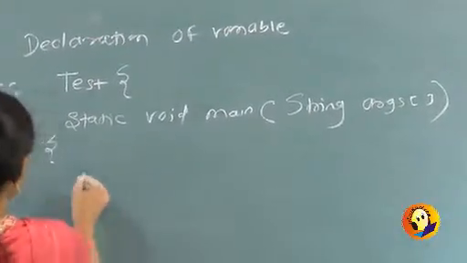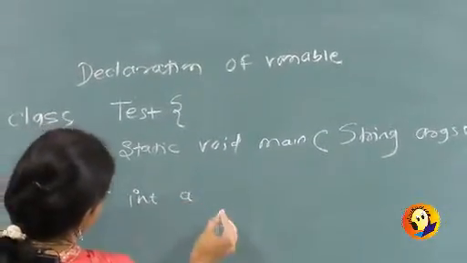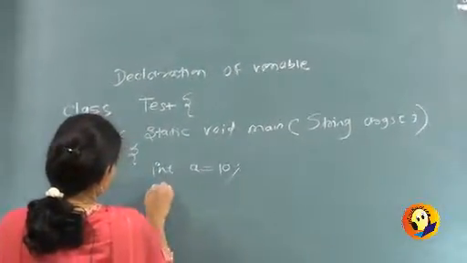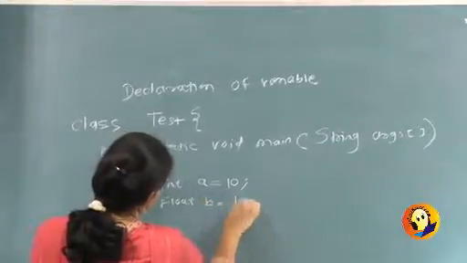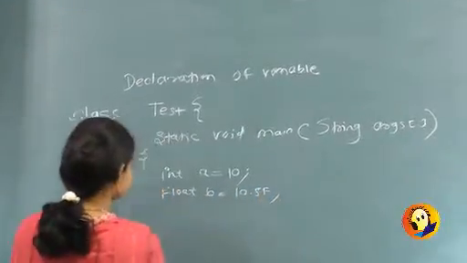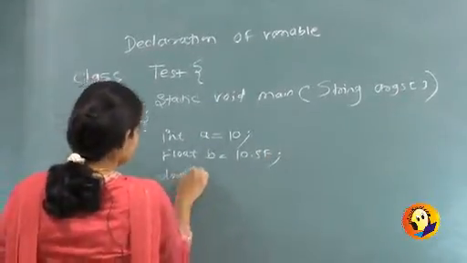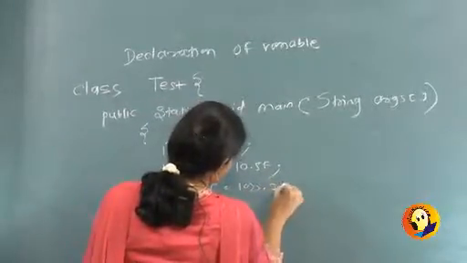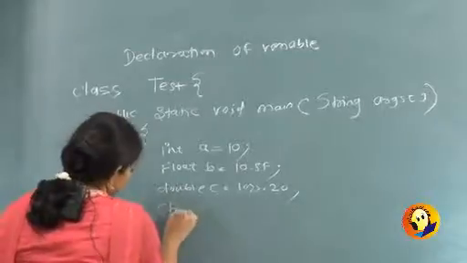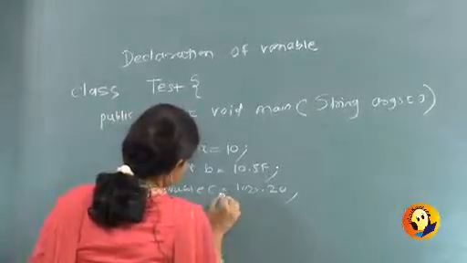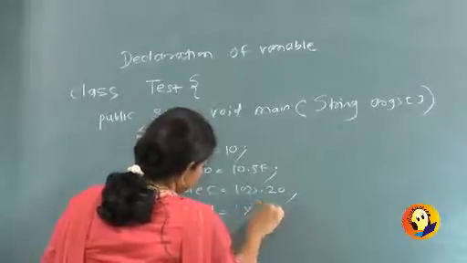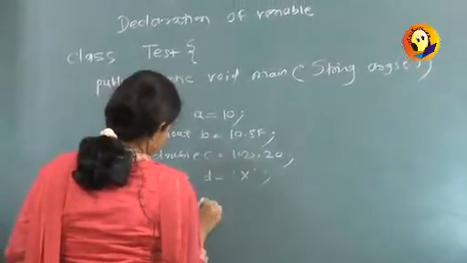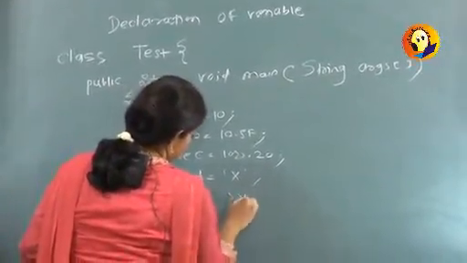Inside that declare variable int a is equal to 10, float b is equal to 10.5f, double c is equal to 100.20, char d is equal to 'X', String e is equal to "XYZ".